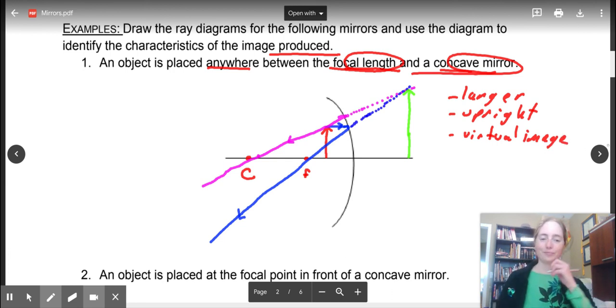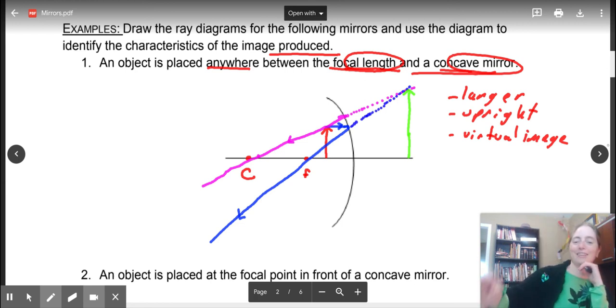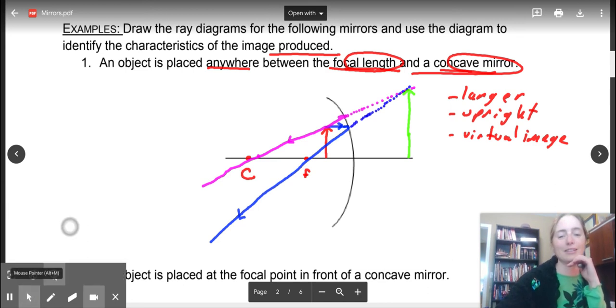Okay. All right. So those are our 3 characteristics of that particular image of that object. Okay. So let's go look at another one.